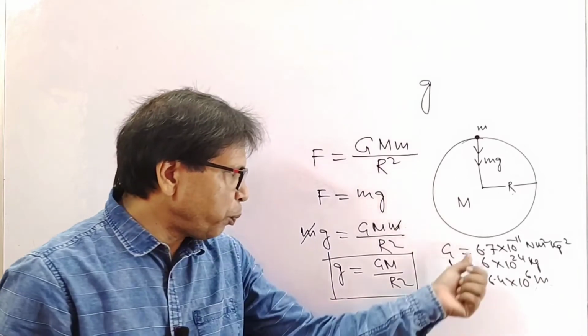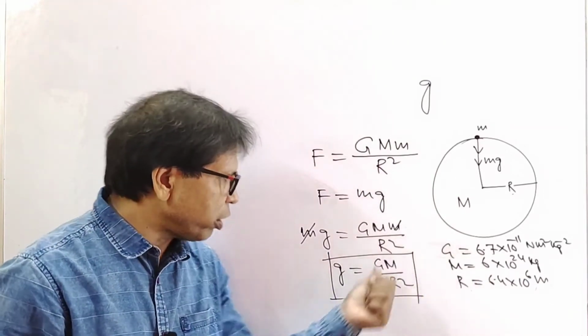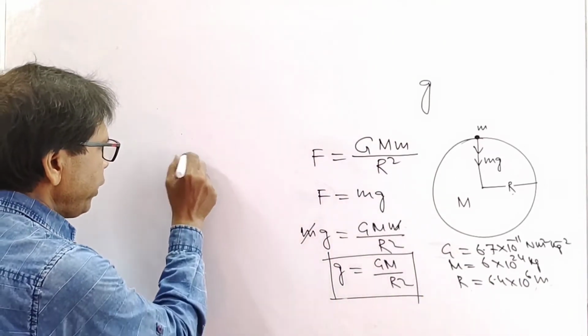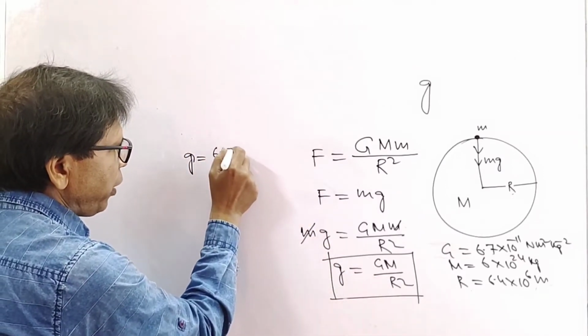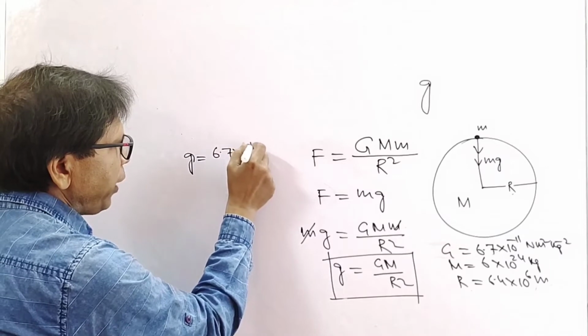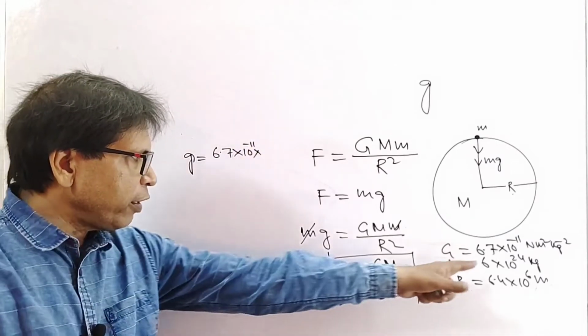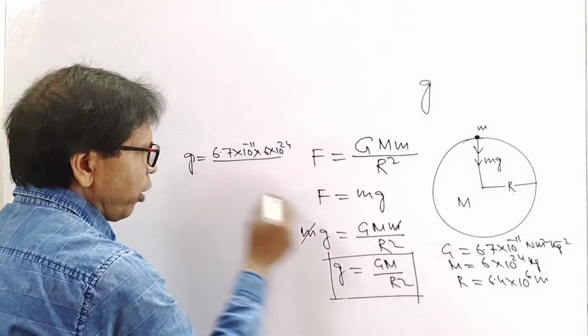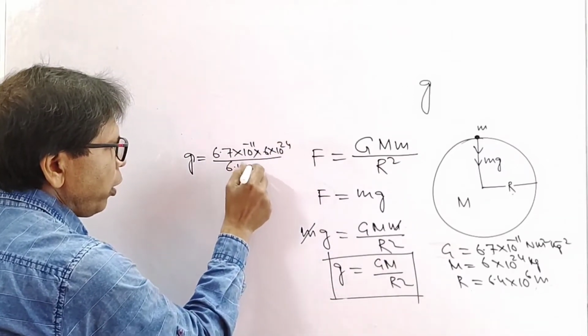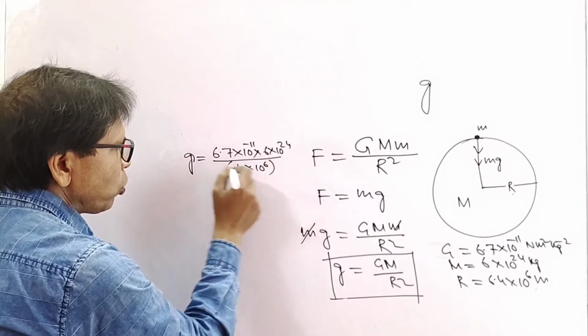Now if we put these values in this equation, we get g equal to 6.7 into 10 to the power minus 11, times the mass of the earth 6 into 10 to the power 24, divided by the radius square, that is 6.4 into 10 to the power 6 whole square.